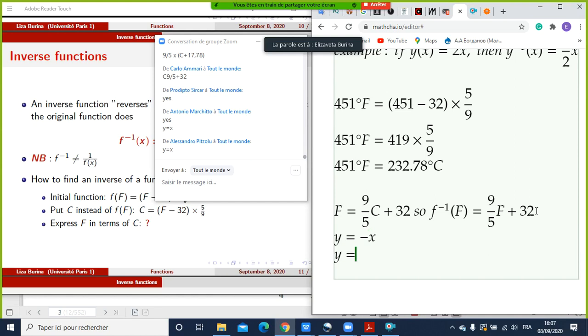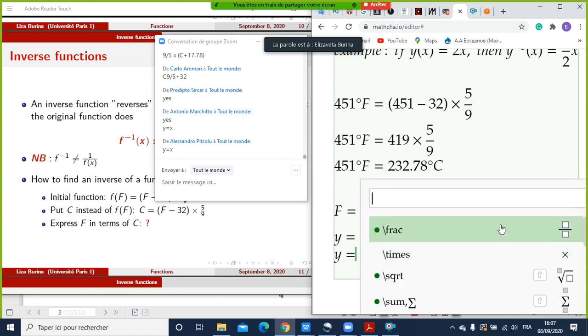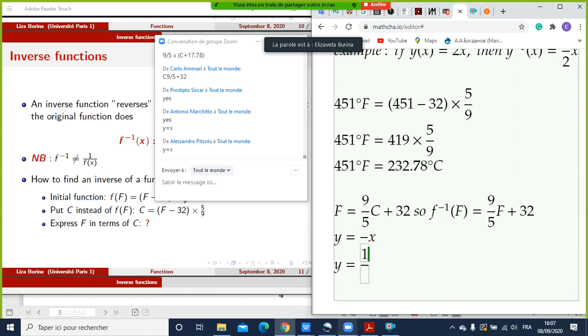And even something slightly more complicated like this will also work. So let's here write it: f of x is equal to minus x.